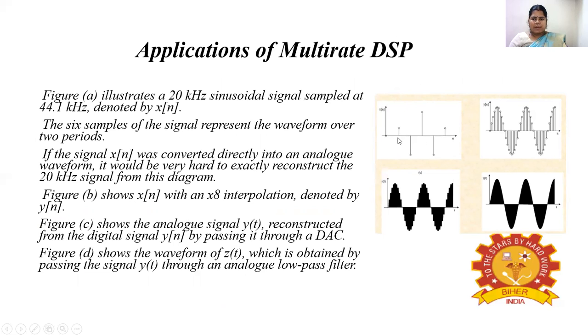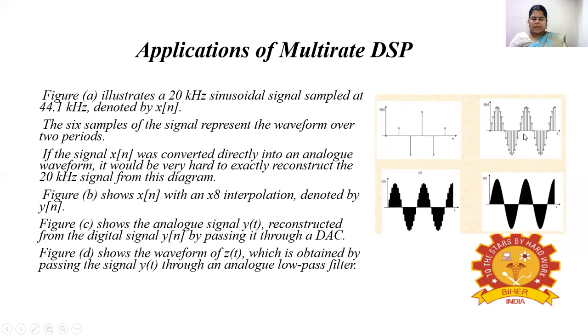Here we have 6 samples, 1, 2, 3, 4, 5 and 6, over a period of 2. So here we have one period and here we have another period, so we have 2 periods here. If the signal x(n) was converted directly into an analog waveform, then it would be very difficult to exactly reconstruct or retrieve the original signal back.